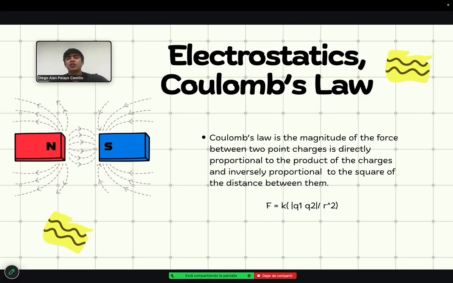Even though electrostatic forces are very strong and we can calculate them as big numbers, we don't really notice them on a daily basis, because most objects are electrically neutral, as I already mentioned, and so these charges just cancel out. So that's basically a part of what electrostatics and Coulomb's law are.